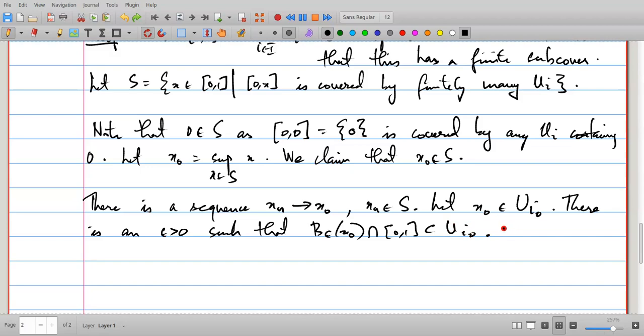And by the definition of convergence, all but finitely many x_n are in this set.